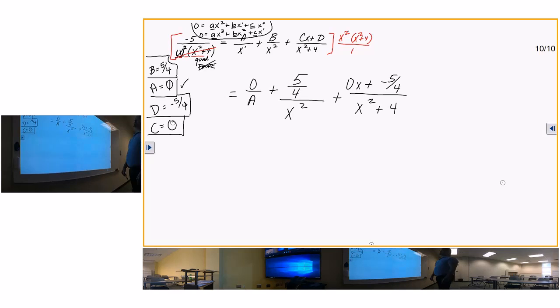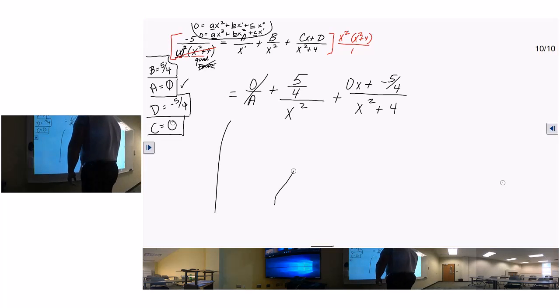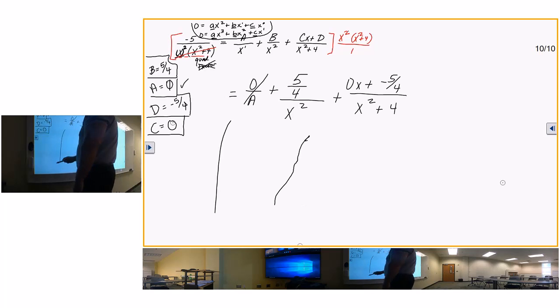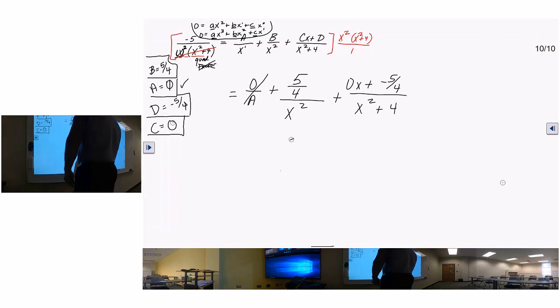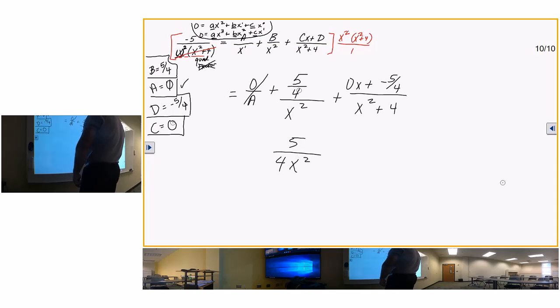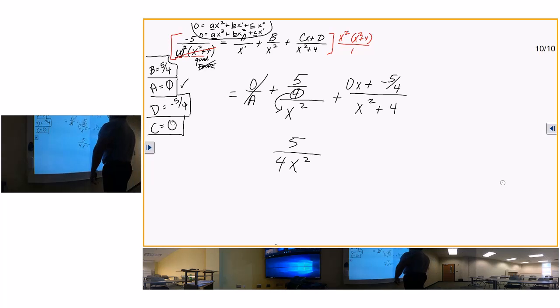And what happens to 0 over x? That goes out, and you're left with 5 over 4x squared. Remember, if you have a fraction up here, that basically comes down. 5 over 4x squared plus negative 5 over 4.